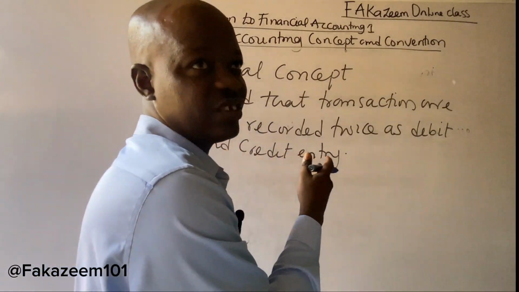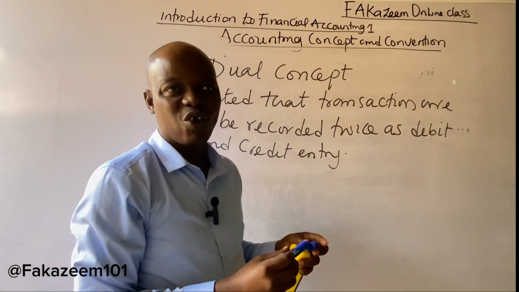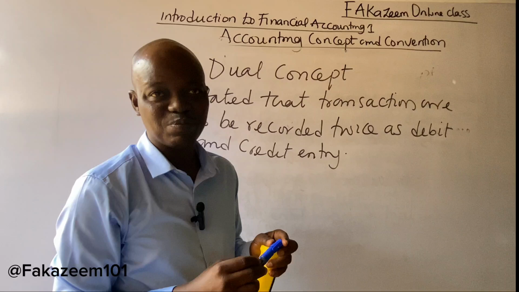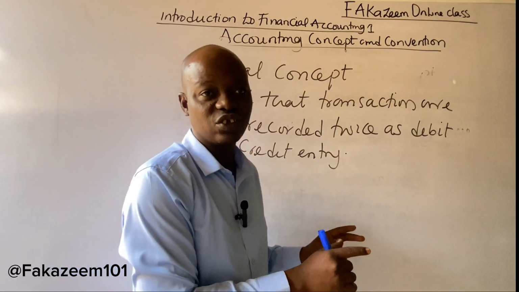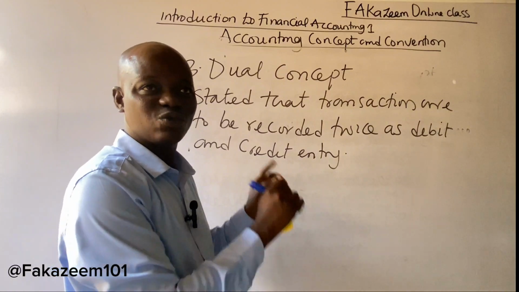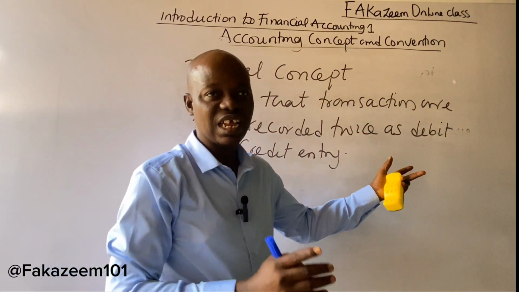What this is really talking about is that all transactions in accounting must be recorded twice. Accountants should not keep transactions more than recording it twice, the debit and the credit.